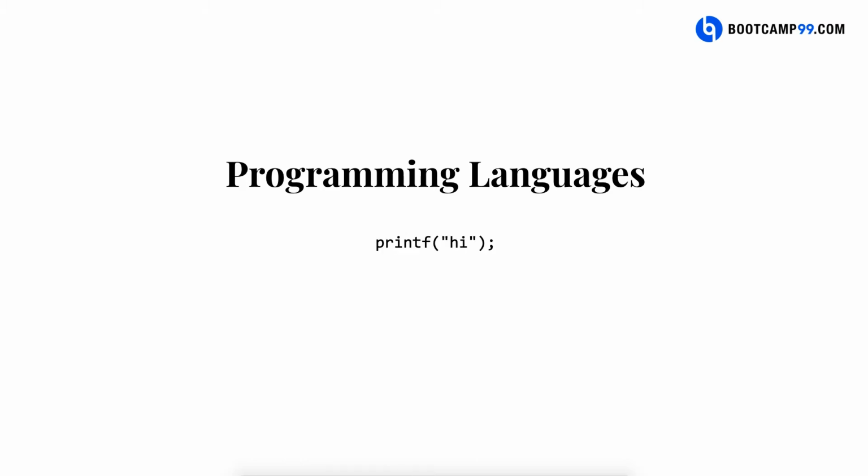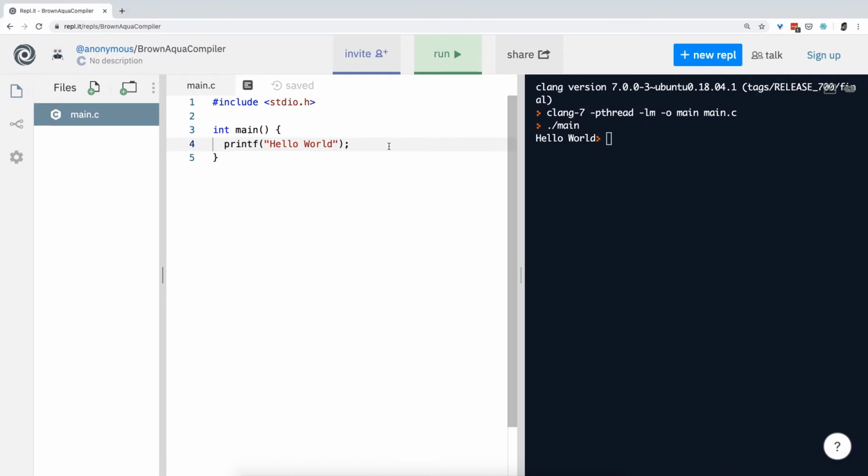Now, this is how we print something. As we have seen, printf within braces, you put hi or hello world or whatever string you want, and it gets printed. We have seen this program. So this entire thing, lines 1, 3, 4, 5, these are called instructions or statements or commands you want to give to the computer. So these sets of instructions, one or more lines of instruction, is called a program.